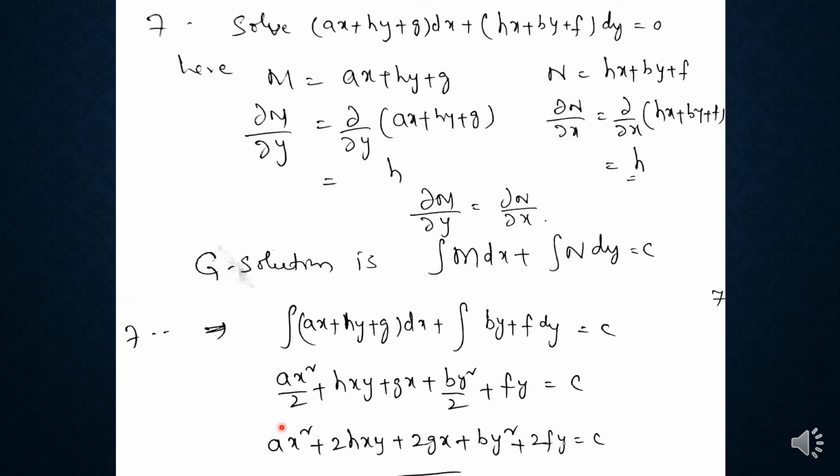So by taking the LCM, we will get ax² + 2hxy + 2gx + by² + 2fy = c. So this is the required general solution for the given differential equation (ax + hy + g) dx + (hx + by + f) dy = 0.